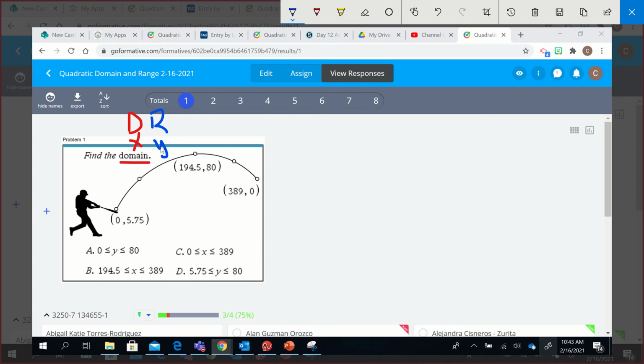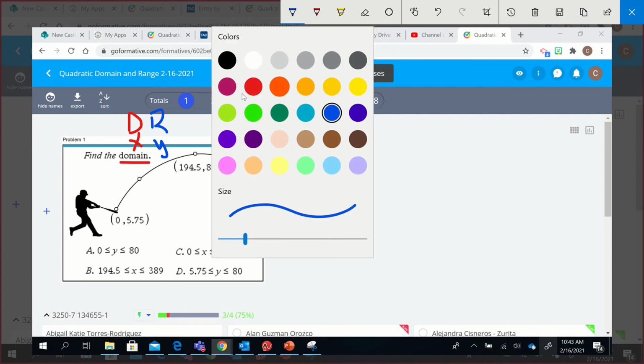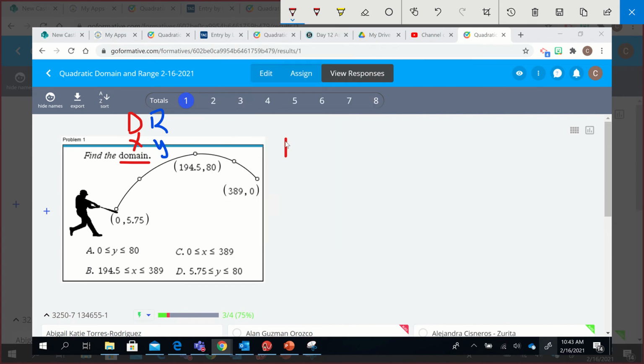R goes with your Y values. So since we're dealing with D this time, domain is X values. Since domain is X values, I want all the X values.